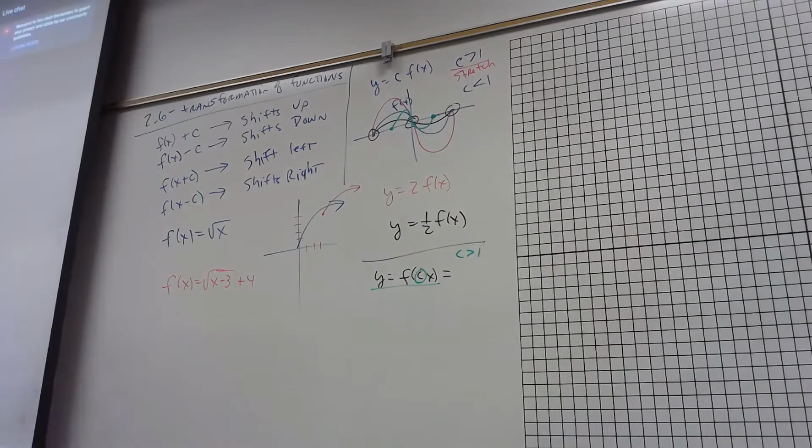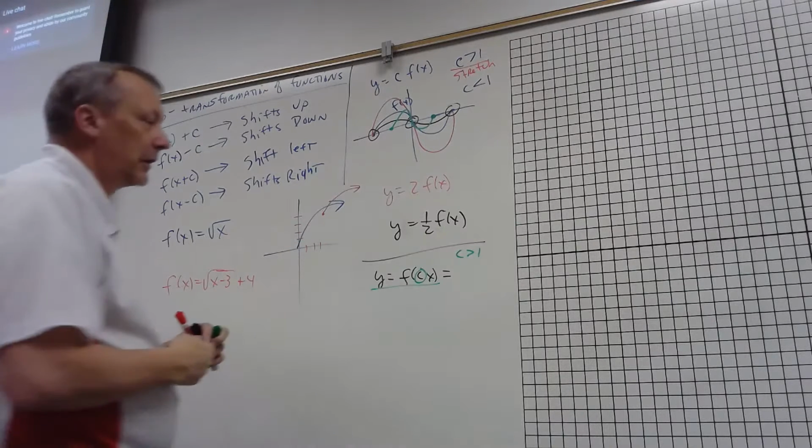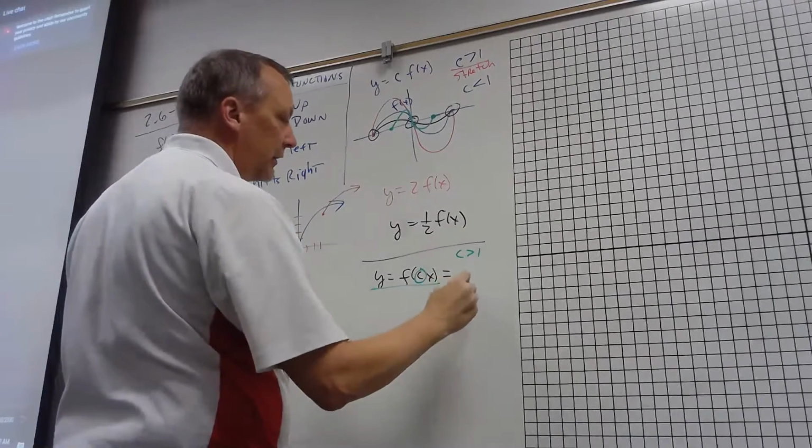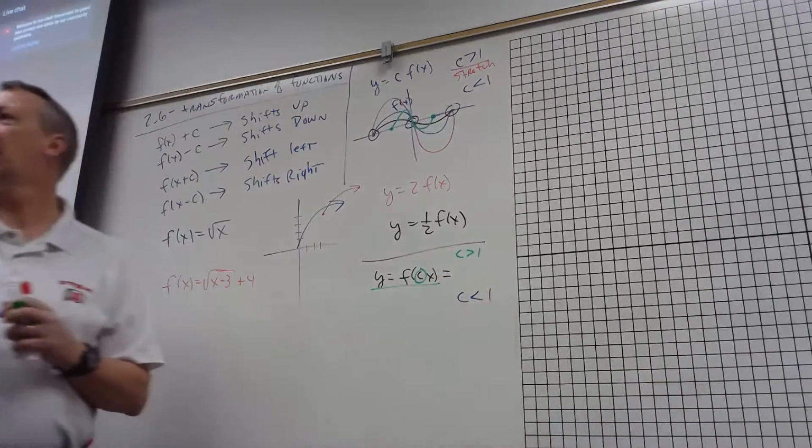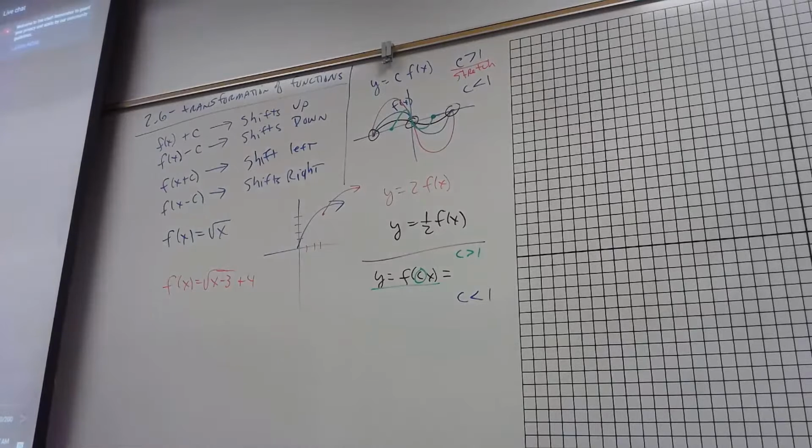Okay. And of course, I wish I really had a fifth color. Okay, so now, what if c is less than 1?